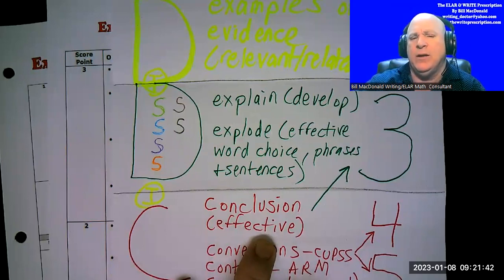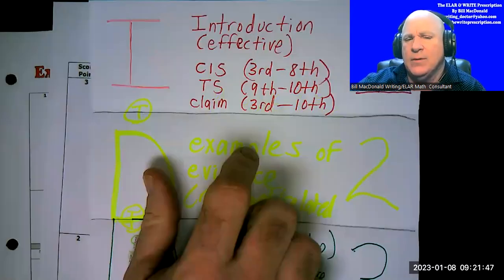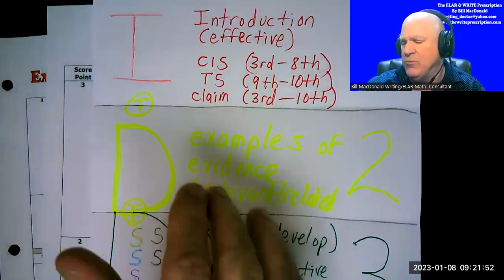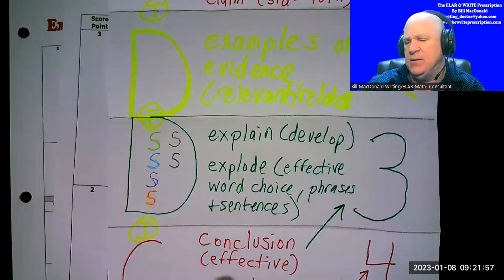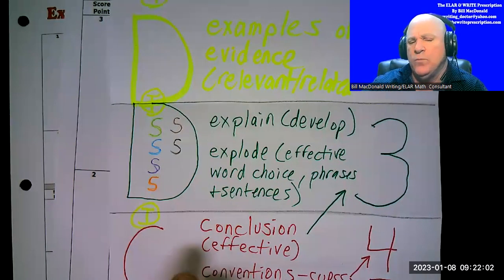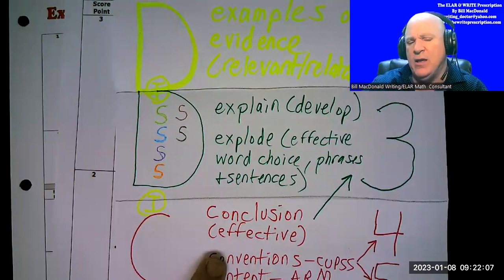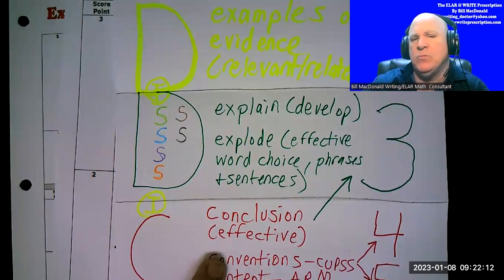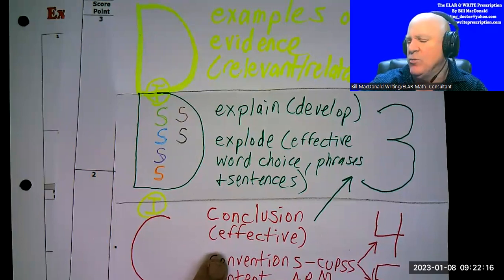But if all you're doing is restating the prompt and then restating your ideas over and over again throughout the body and then restating again in conclusion, that's probably not going to be very effective. So make sure that you try to, what I will show you in another video, how do you rephrase what you've written in a different way? How do you reflect to make the reader really think and ponder the ideas that you've shared with them?